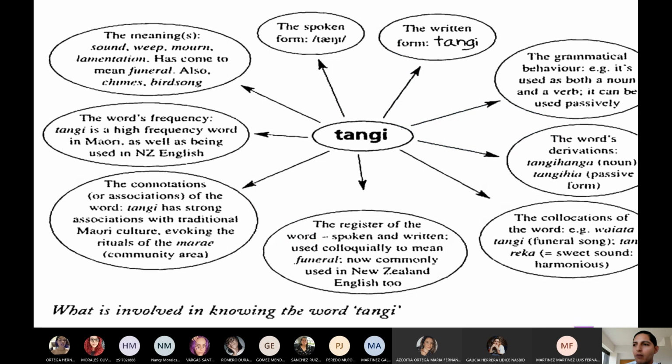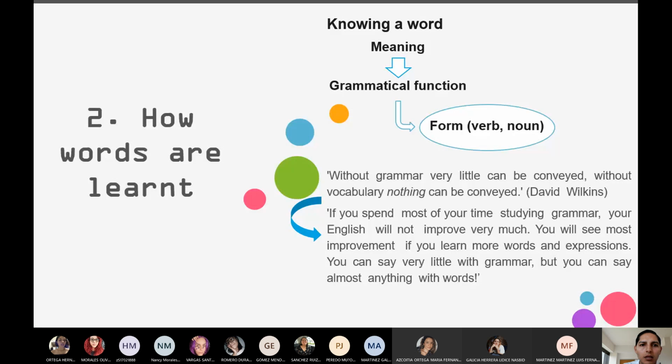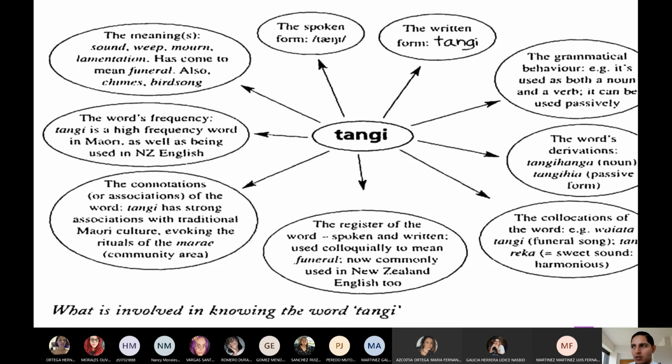This is an example of how words should be learned. This is an example of what knowing a word means. Take a look at the word tangi. You know, this is a word in Maori, I think so.